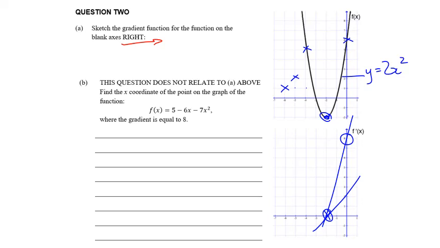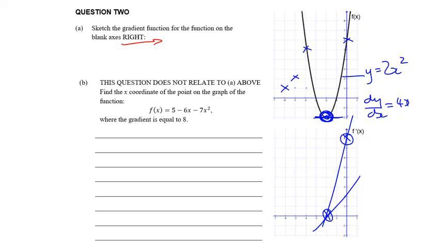Happy with that? When I differentiate 2x squared, what do I get? Hence what goes through there and there. Negative 2, 0. I said that before because there is the turning point just there, and the gradient at the turning point is 0.